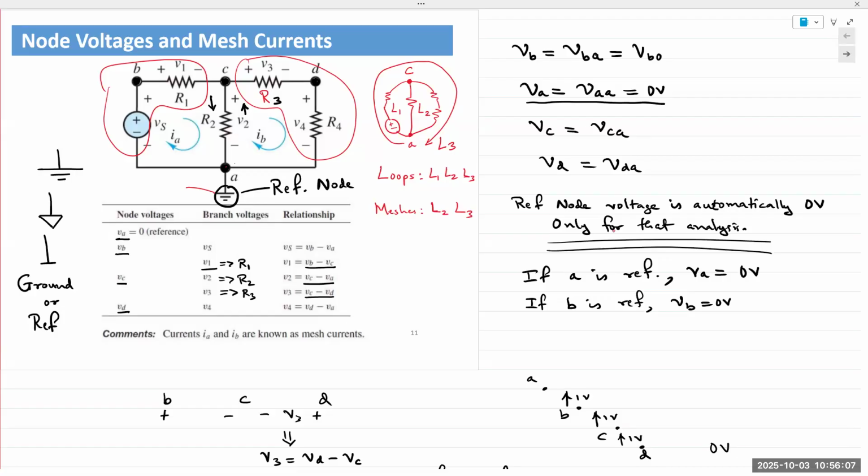Let me use a height analogy. My height is 5.5 feet, barely. Okay, 5 feet 6 inches. So if I measure my height and I use the floor of this room as my reference, I am 5 feet 6 inches tall. What if I jump on this chair? Let's say the chair is 3 feet above the ground.